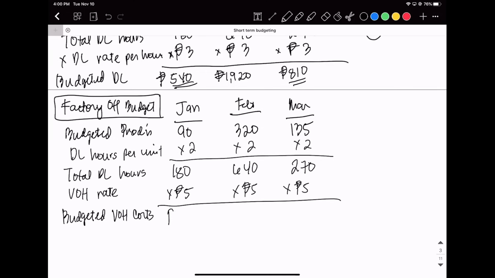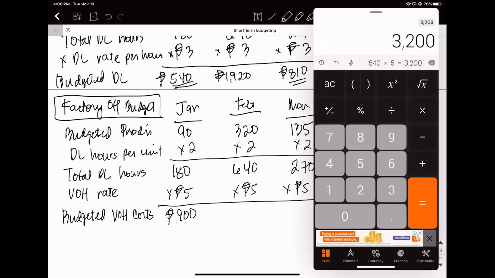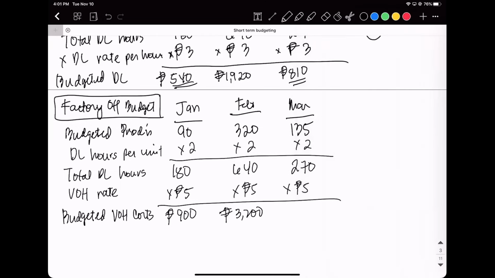So 180 times 5 is 900 pesos. 640 times 5 is 3,200. And then 270 times 5 is 1,350.